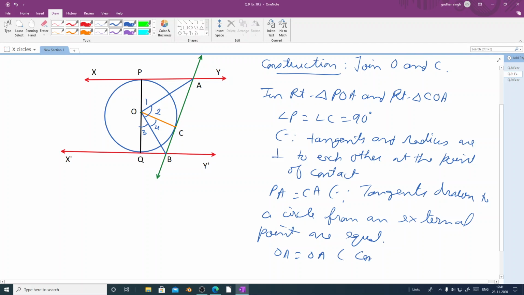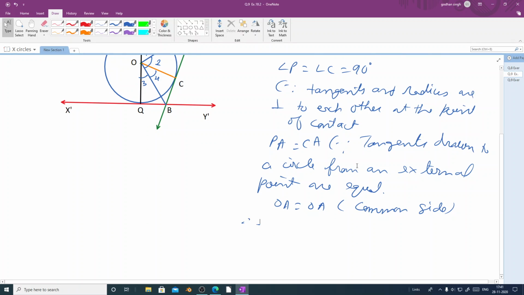Therefore, what we can say is that triangle POA is congruent to triangle COA, and that is by RHS congruence rule.